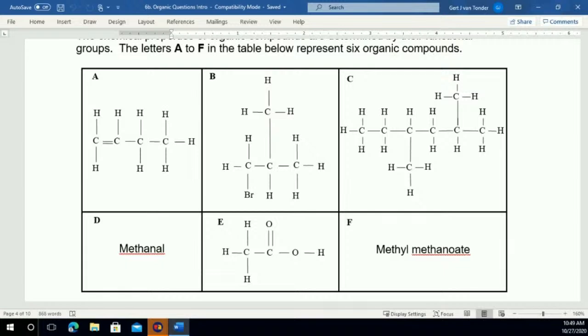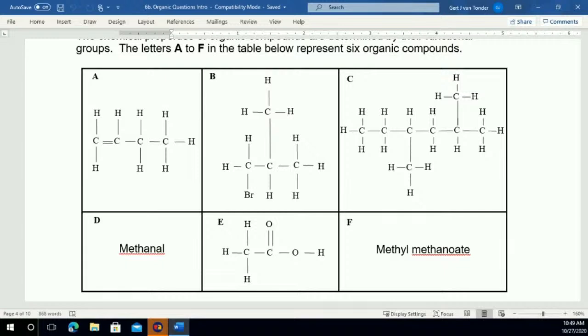Methyl methanoate, we've come across that before. It has 2 names. The methyl group comes from the alcohol, so it was made with methanol, and the methanoate comes from the carboxylic acid, methanoic acid, and those 2 formed my ester.